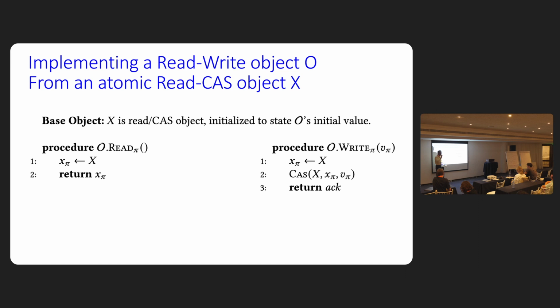Now there is just one other very interesting observation and then I'll stop there. Let's say I read 5 here and then somebody changed 5 to 10 and I was going to change 5 to 100. I came to write 100, I read 5 and then I went here, and during that time somebody changed it to 10.